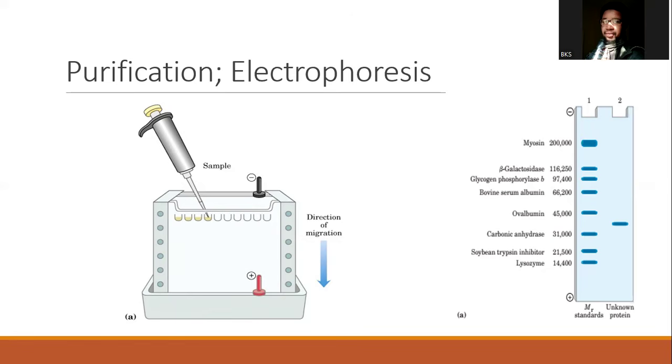For example, here, in between 31,000 Dalton and 45,000 Dalton, you have this band. If your protein is around 40,000 Dalton, of course you can say this is the protein of interest.